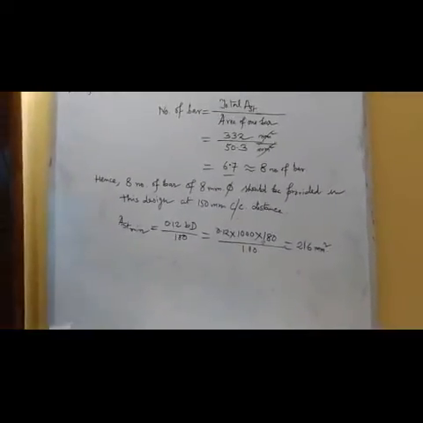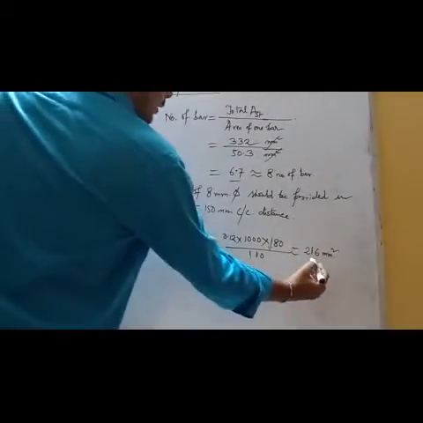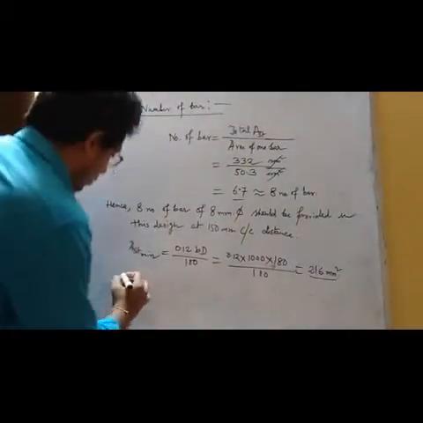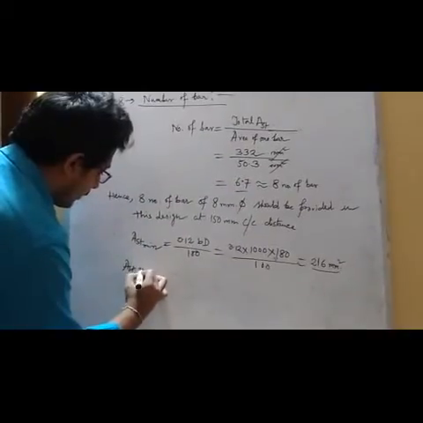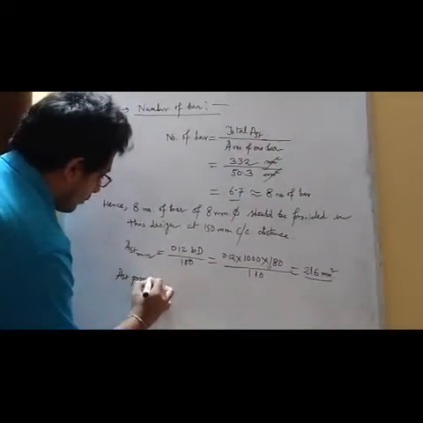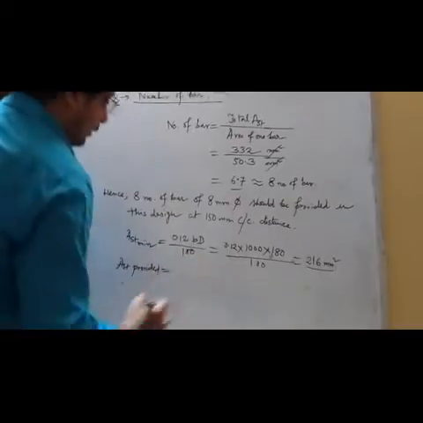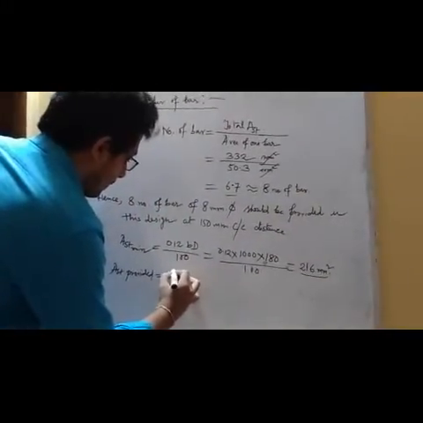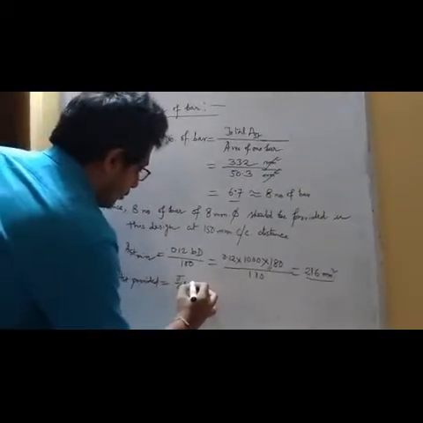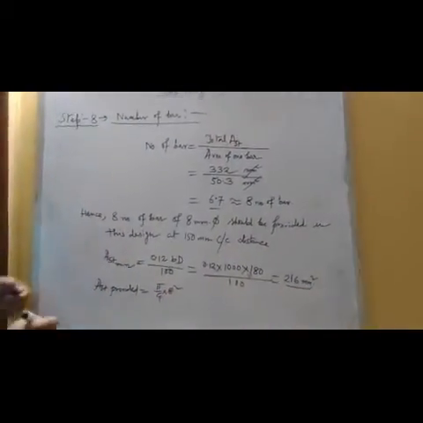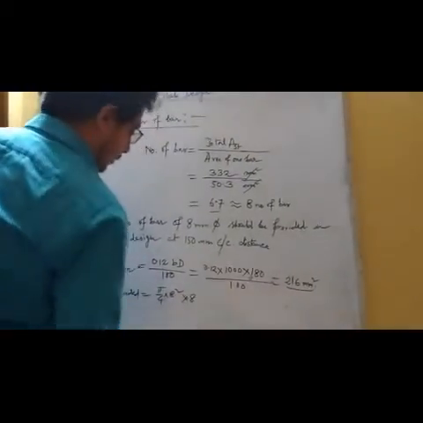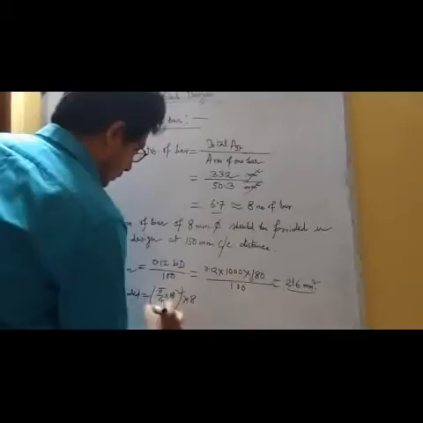That means the minimum area of steel required is 216 millimeter square, but what we provided, Ast provided, is pi by 4 into d square, that means the main dia square, into number of bars.